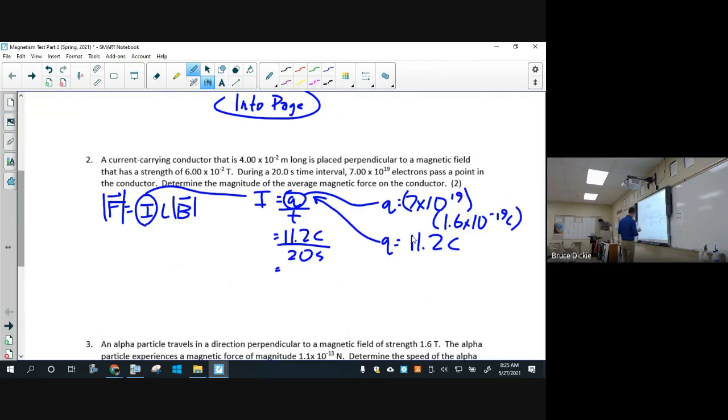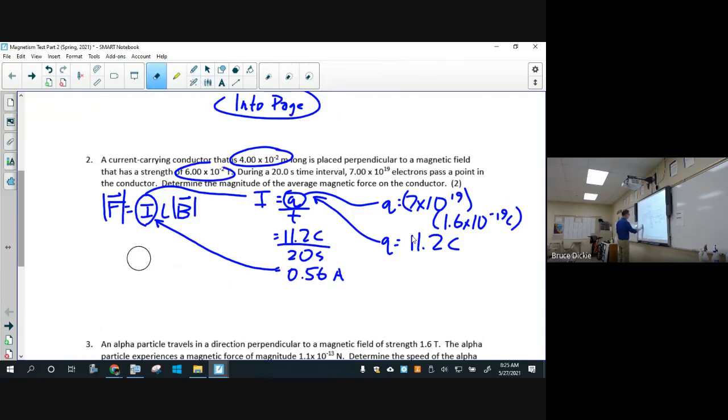And that gives us a current of 0.56 coulombs per second, or 0.56 amps, which we're going to sub back into here and multiply by the length and the magnetic field. And when we do that, we should get a 1.34 times 10 to the negative 3. Let me do my substitutions here, actually. 0.56 amps times L, 4 times 10 to the negative 2, times B, 6 times 10 to the negative 2.